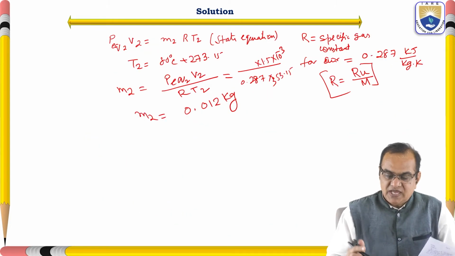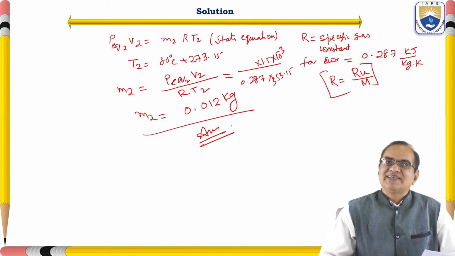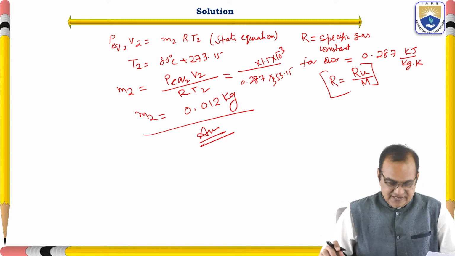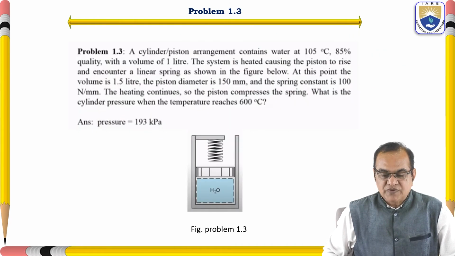In this way we can get the mass of the substance. So this is my problem number 2, which we have done.